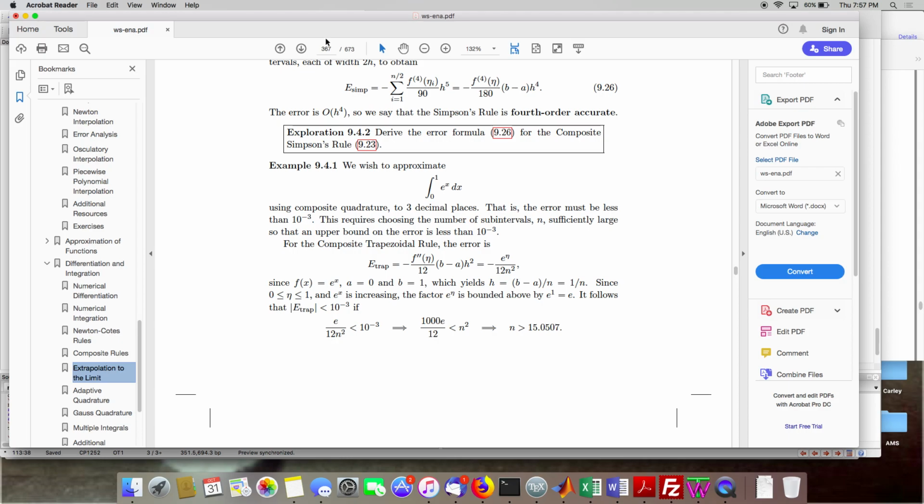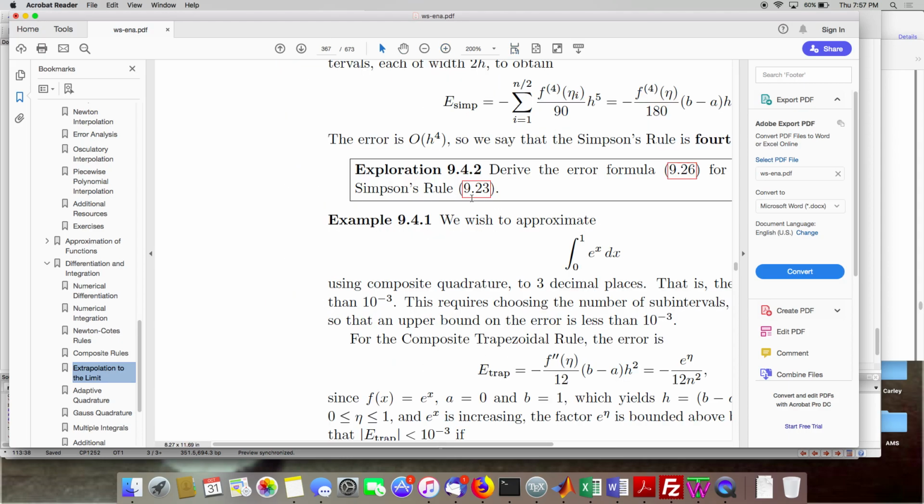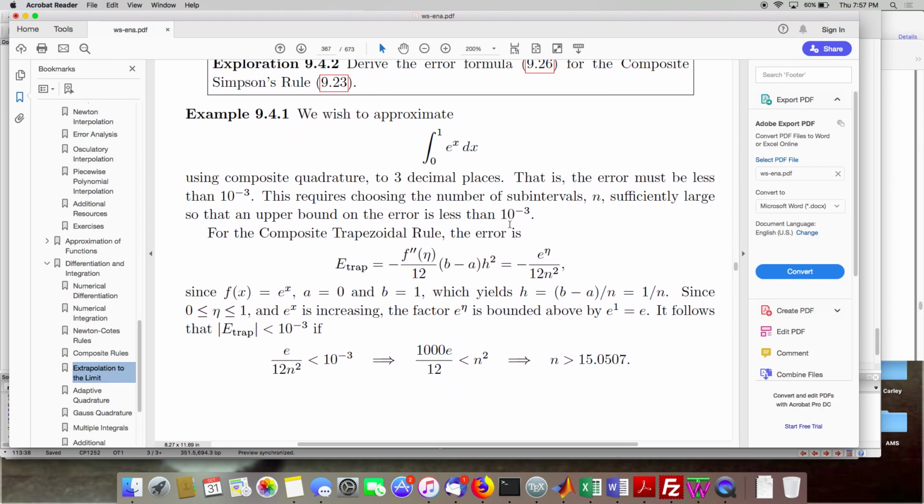All right. So for example, here, I'm approximating this integral, and I want this error bound, 10 to the minus 3. So here's the error for the trapezoidal rule. What I do is fill in the second derivative at an unknown point, and I express (b minus a) h squared in terms of n. So I get this n squared in the denominator.